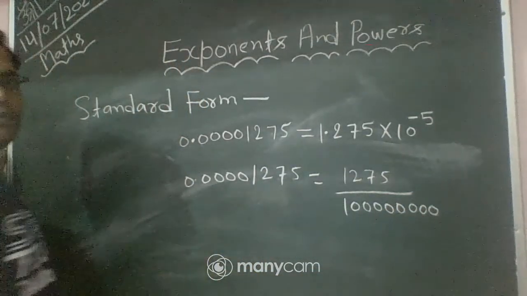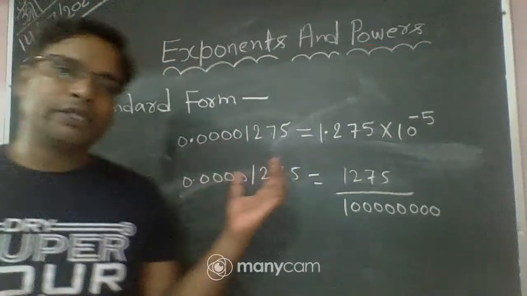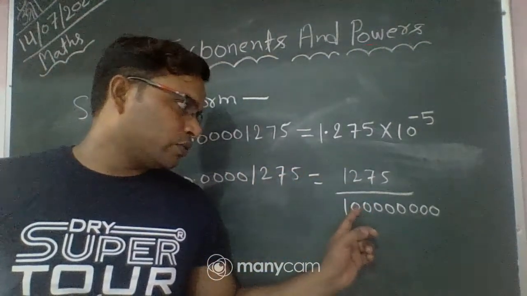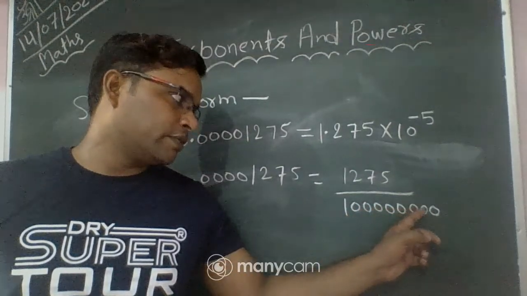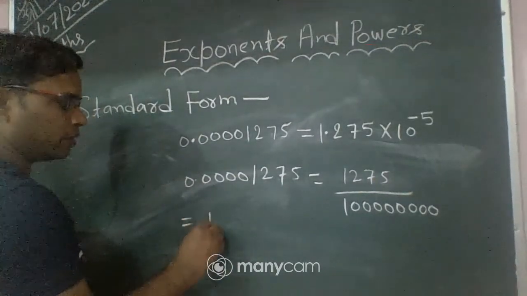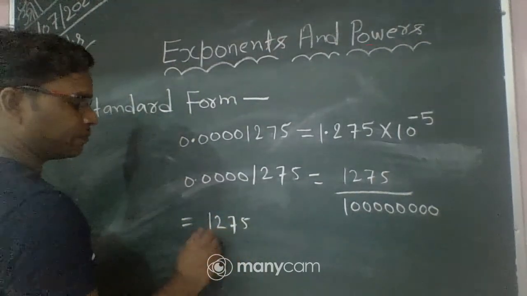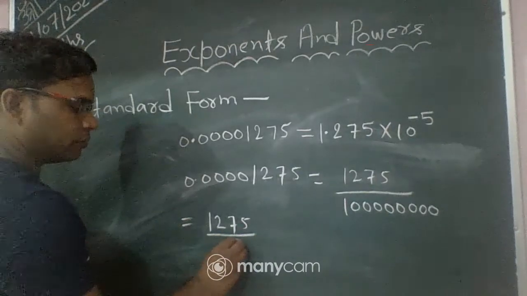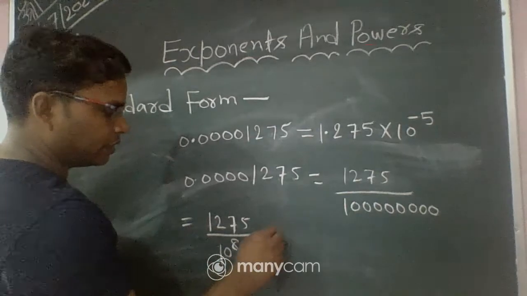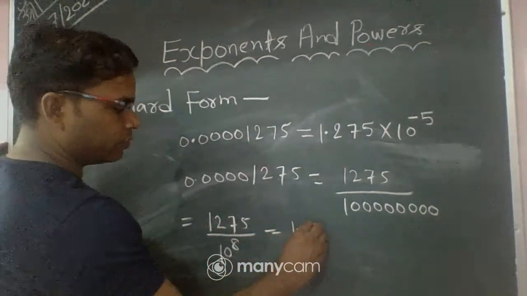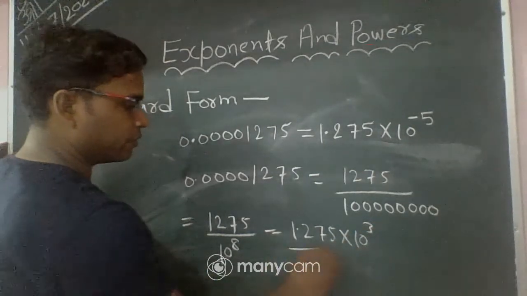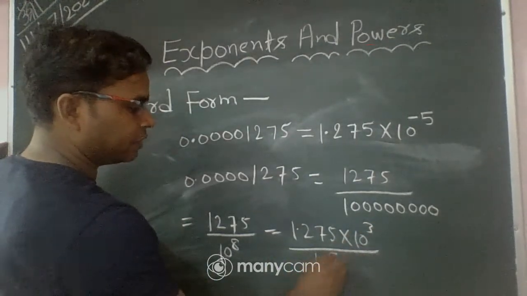This is a decimal number, and you can convert it into a fraction. How many digits? 1, 2, 3, 4, 5, 6, 7, 8. So you can write it as 1275 by 10 to the power 8. Also, this number you can write as 1.275 into 10 power 3, by 10 power 8.